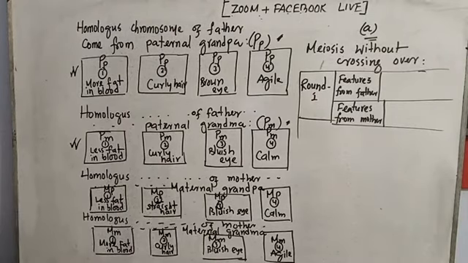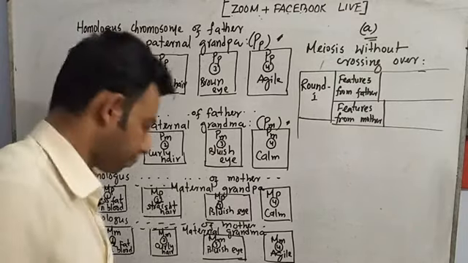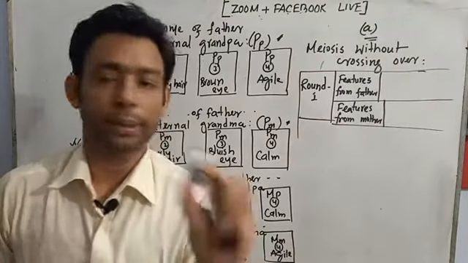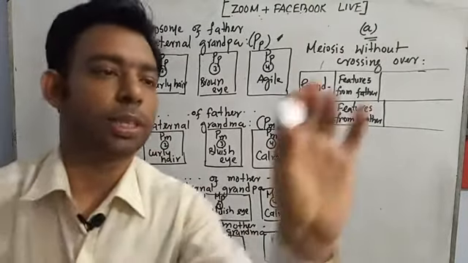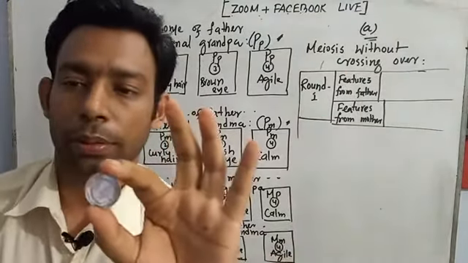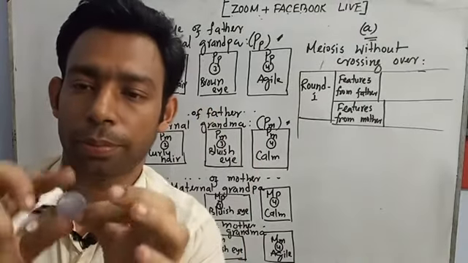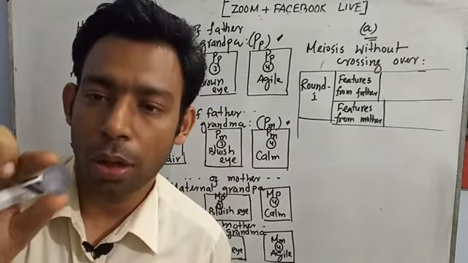I will make sure of this one. It is the interesting part. I take a coin. I think you see this one. This is a coin.